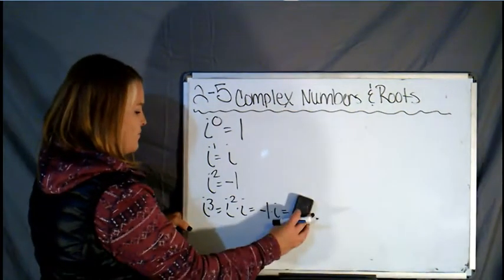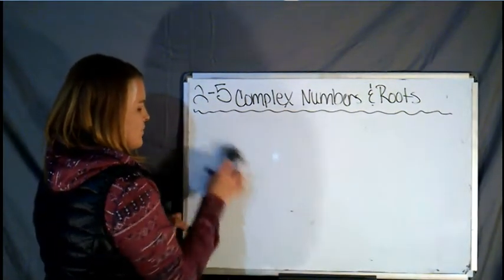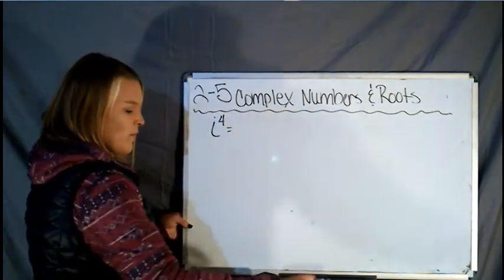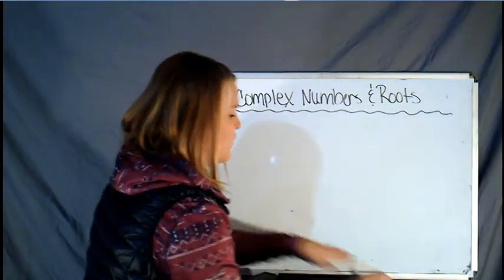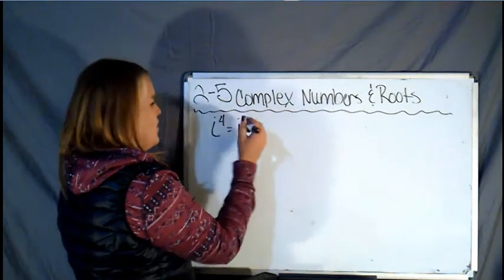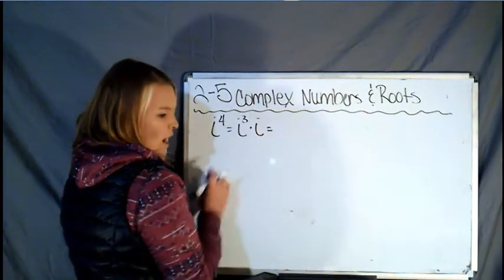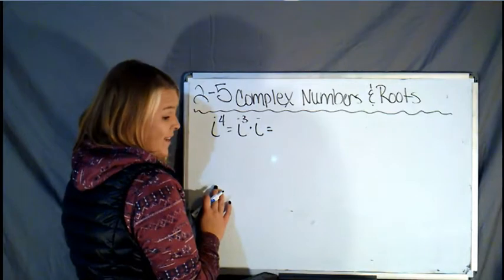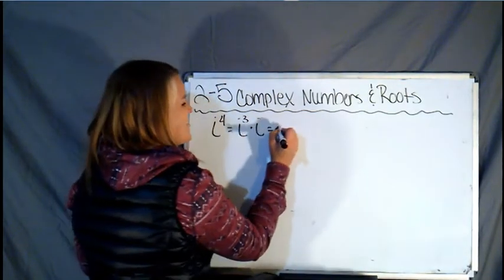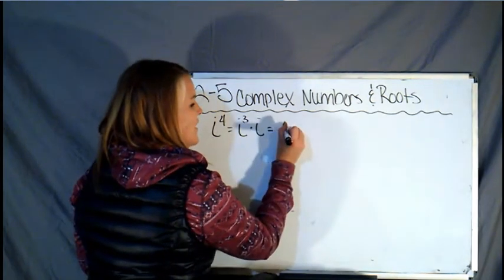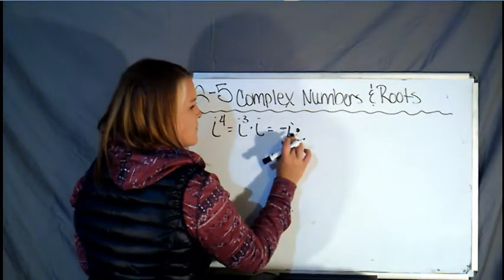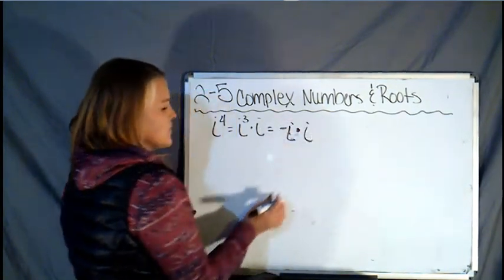Let's look at a few more. i to the 4th power. What would that be? Well, I know what i cubed was, so I can just say that it's i cubed times i. i cubed was -i. So it's -i times i.